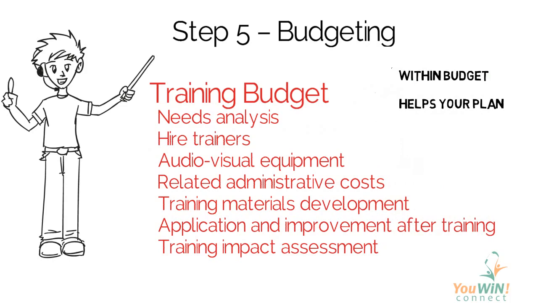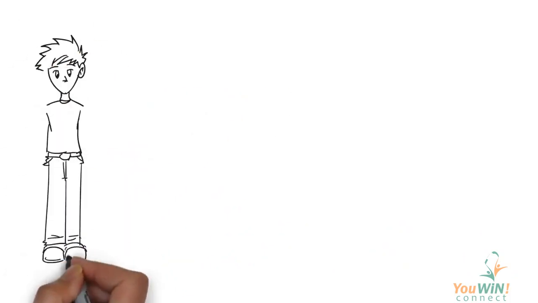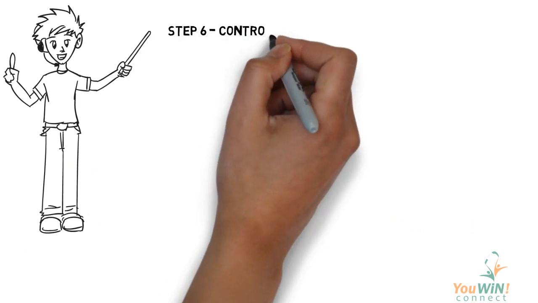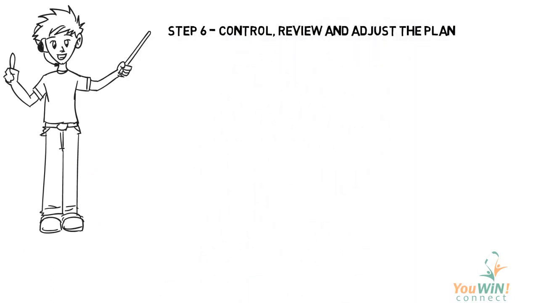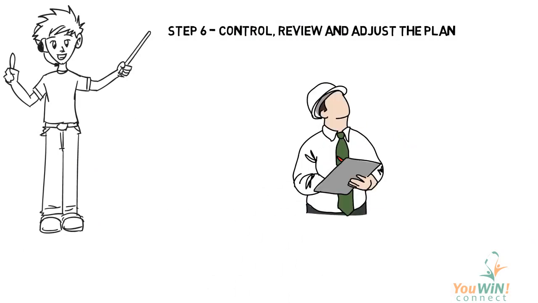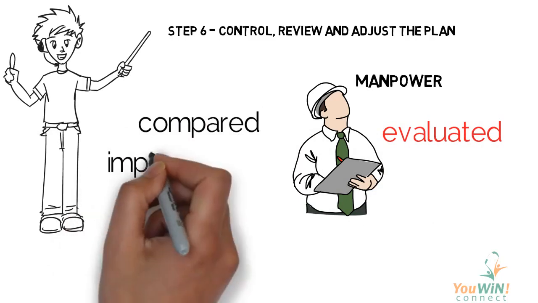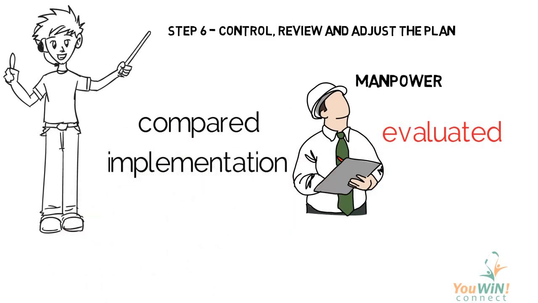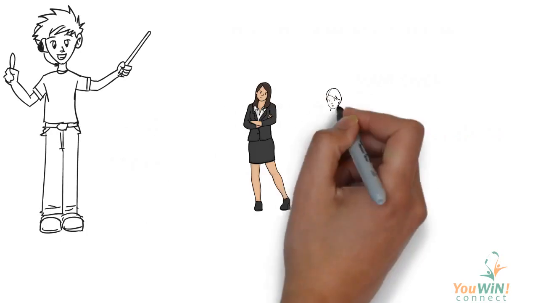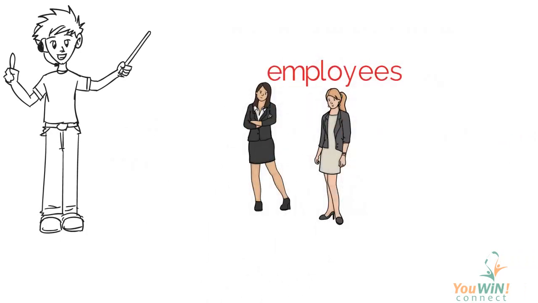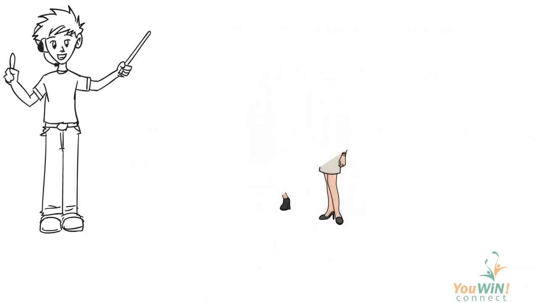The final step in this process is the control, reviewing, and adjusting the plan. Because the effectiveness of the manpower planning process is to be evaluated. So, the human resource plan is compared with its actual implementation to ensure the availability of a number of employees for several jobs.